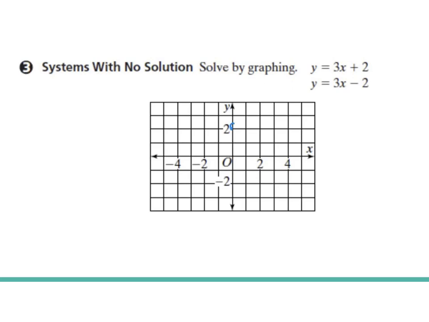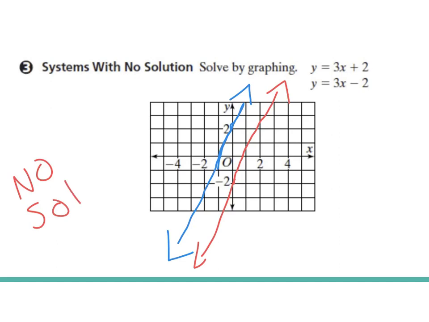So there's our y-intercept at 2, then up 3, over 1. Okay, so our slope is something that looks like this. And then our second line has a y-intercept of -2, and our slope is the same, despite my poor drawings. These 2 lines are parallel, so they are never going to intersect, so we have no solution here.